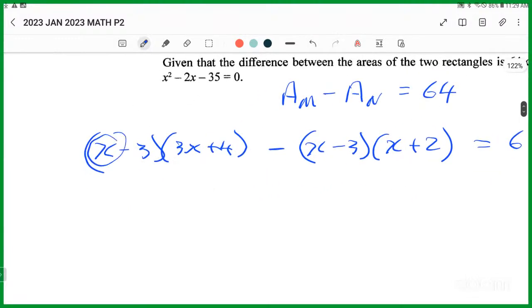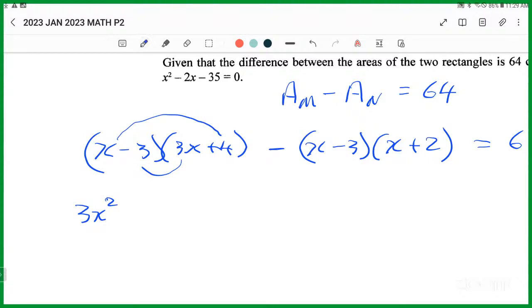So it's this times this, which is 3x squared. We're going to have a middle term. That's the shortcut. The middle term is the far product and the near product added together.